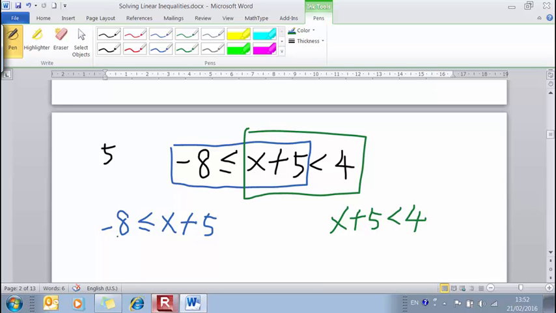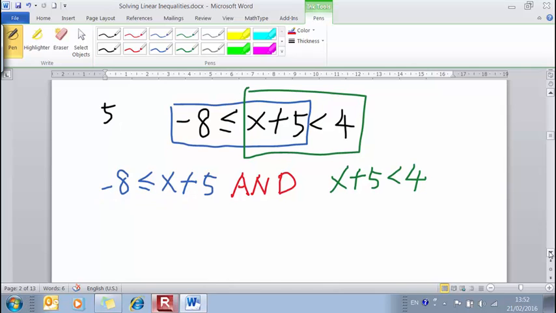Now you notice that negative 8 less than or equals to x plus 5 and x plus 5 less than 4, both of them come from the same inequality here, and hence we will write this word here, "and". Alright, now we are going to solve this inequality in blue here, as well as inequality in green here, separately.